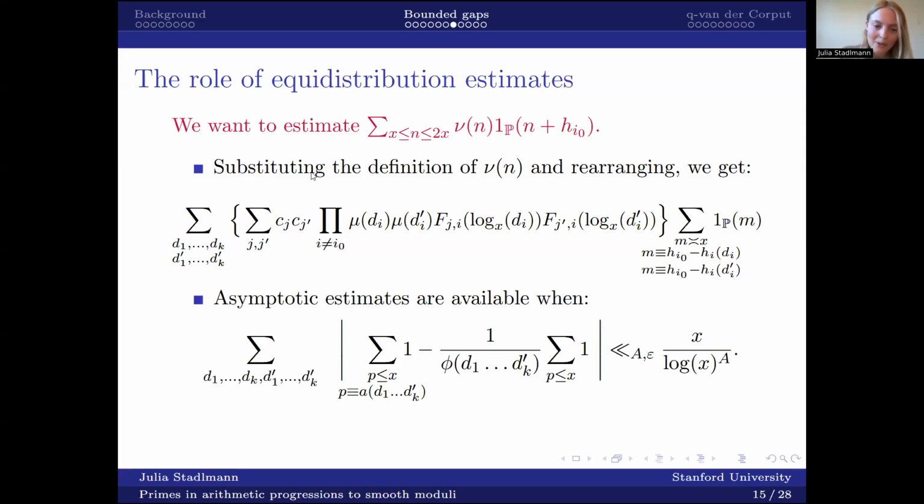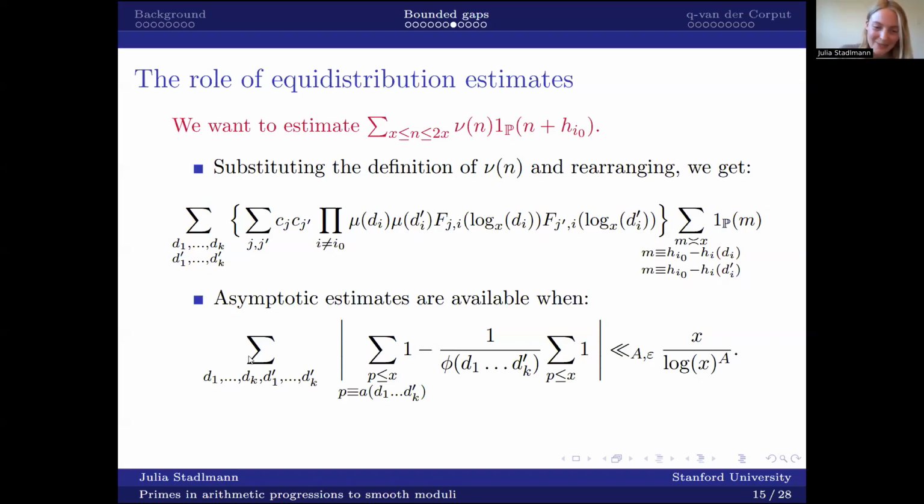And the error term looks like this, and that's exactly the kind of equidistribution estimate I talked about at the start of the talk. So we get a nice asymptotic for this expression, as long as we can get an upper bound on this sum of error terms of the number of primes in arithmetic progressions mod d1 dot dk dash. Now, we have a small problem.